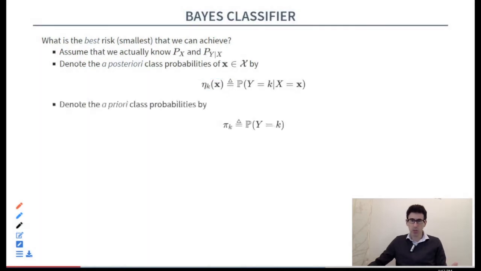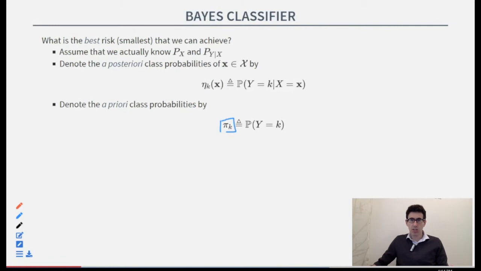I'm also introducing a notation for the a priori class probability. I'm going to call this a priori class probability pi k. It corresponds to the probability ahead of time, if you wish, that the label is going to be equal to k.